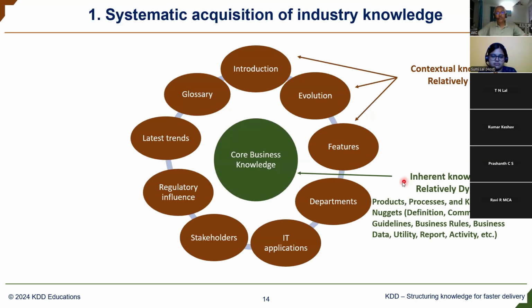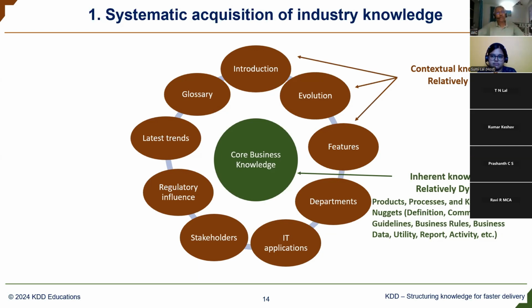And then there's the core piece of business knowledge, which we call inherent knowledge, which is quite dynamic. This knowledge is made out of products. Each industry will have certain products, the processes, the life cycle of that product, and a term we use here, knowledge nugget, that includes all those atomic pieces of knowledge. That could be in the form of a definition, communication, business rule, guideline, report, data. All of that is captured through the knowledge nugget.